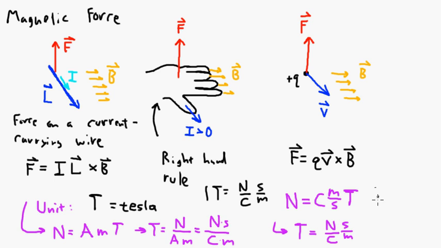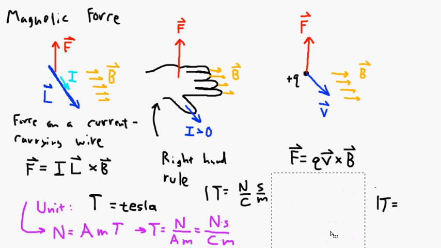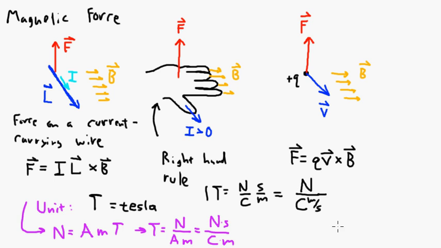You could also write it as a Newton over a Coulomb meter per second, if you like that a little better, maybe that's a little more appealing to you. Or we could say a volt per meter squared times a second. Who knows? You've got your choice of many wild and wacky and interesting ways to write a Tesla.